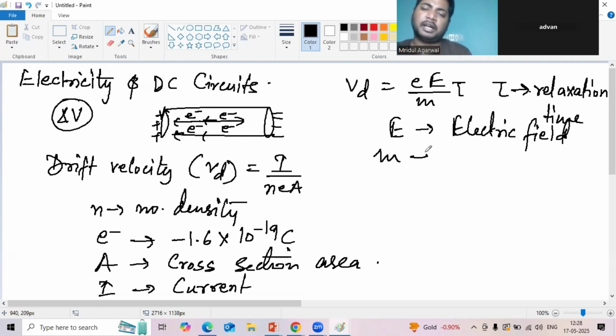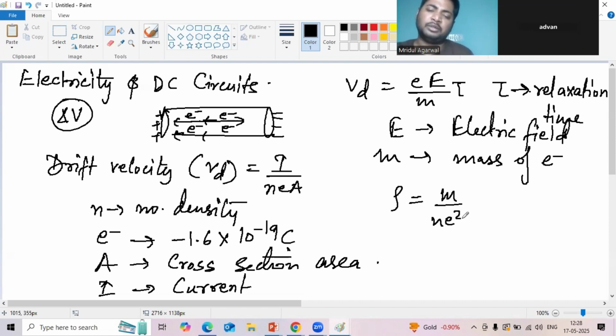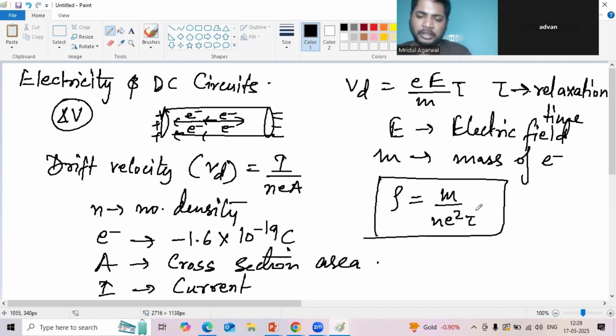Correct? m is the mass of the particle, that is your electron. And Vd is your drift velocity. There is one more important term that is known as resistivity, and resistivity is given by m upon n e squared tau. We have already derived this one in the class, so this you need to remember.